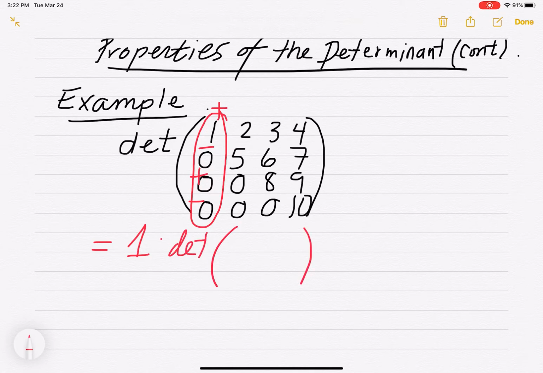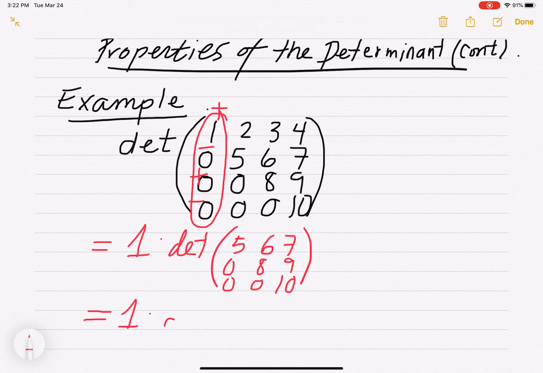It's going to give me 5, 6, 7, 0, 8, 9, 0, 0, 10. And I don't have to worry about expanding any further down that first column because you start with 0 on all of those entries. So next, I'm going to do a 1 times determinant.